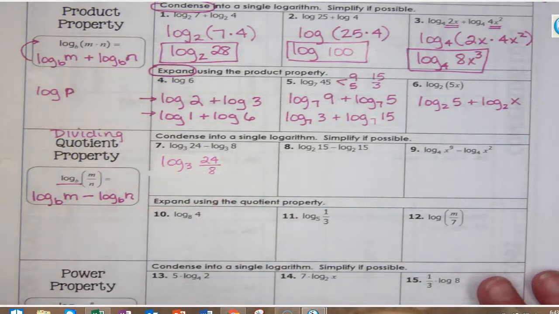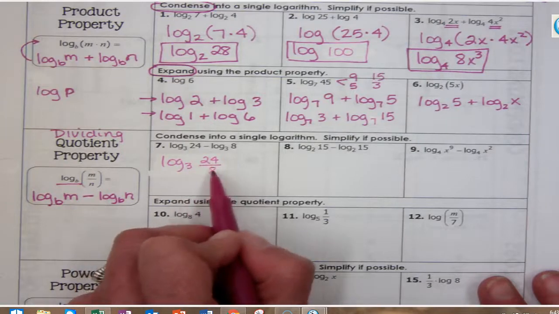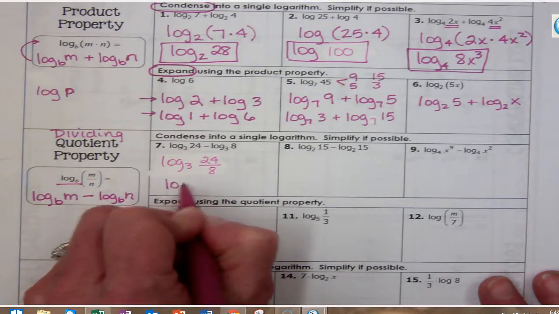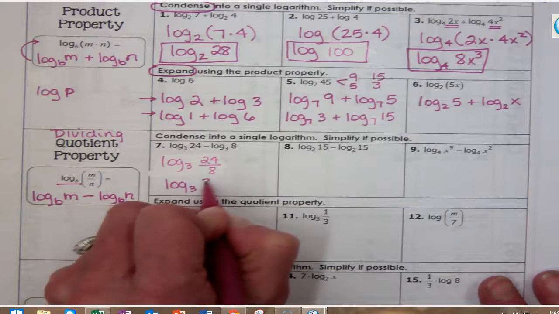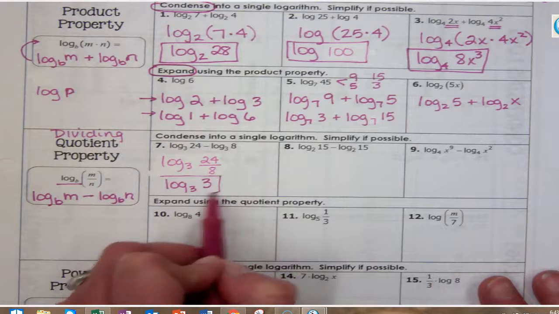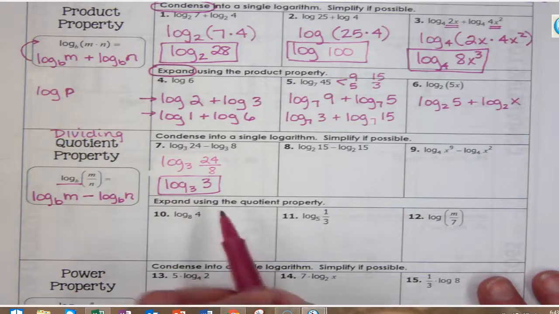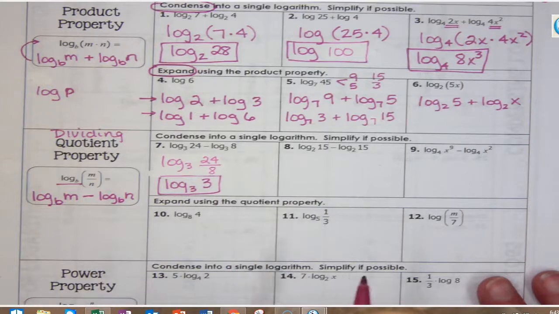And it's not negative 8 because the minus is actually your division. So it's not minus 8, it's just positive 8. So you're left with log base 3, 24 divided by 8 is 3. Okay, we're condensing. I'm not solving this at this point.